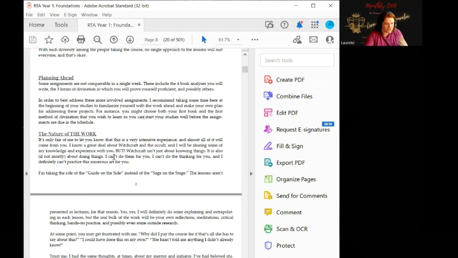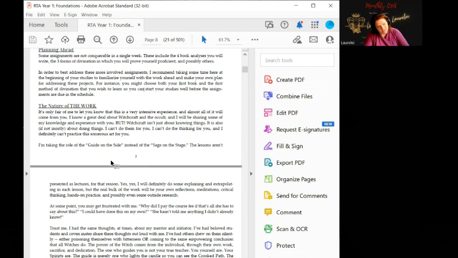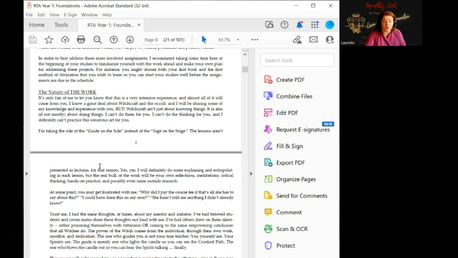Okay, so going back to the nature of the work, I'm not going to read all of it to you or go into this section much, but this is work that is guided by you within the structure of what the RTA, the Red Thread Academy and Spiral Castle, does. So me as the teacher, in air quotes, I'm giving you the framework in which to explore these ideas, and I'm certainly happy to talk with you about them.